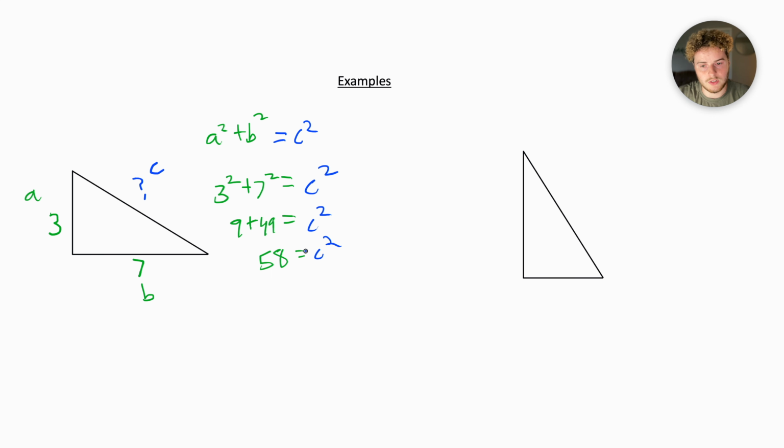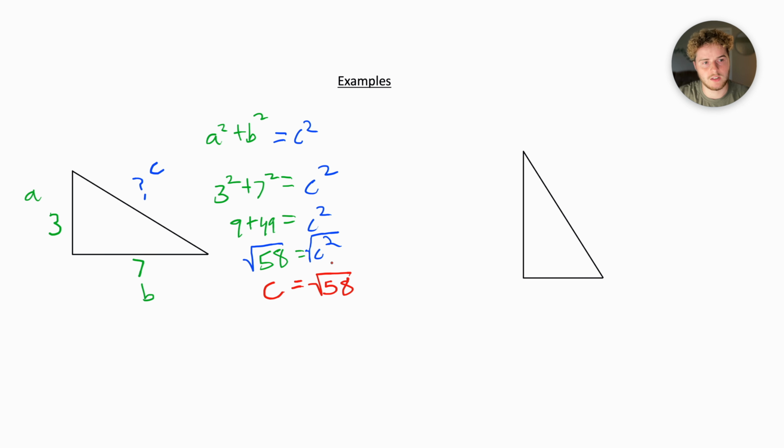What you can do is simply take the square root of both sides. So now we can say that side C equals the square root of 58. And you can plug that in your calculator to figure out whatever side measurement that is.